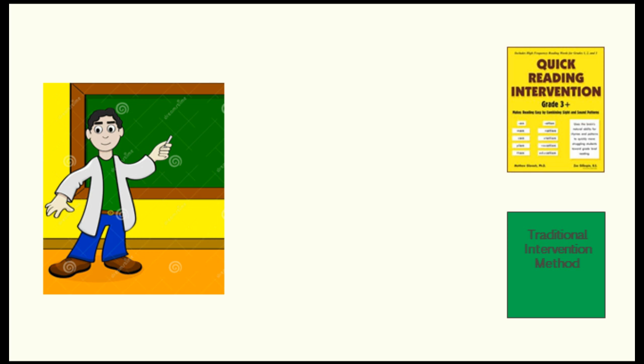So in order for him to find out if his intervention indeed produces those kind of results, Jose designs a study to test his new intervention in comparison with a more traditional method of reading intervention. He gets permission to work in an elementary school with 50 struggling readers.